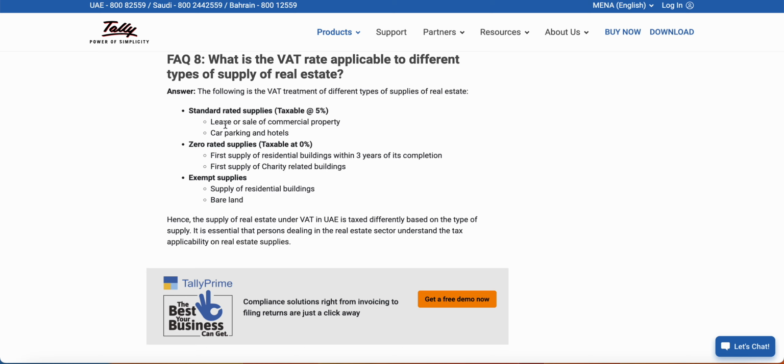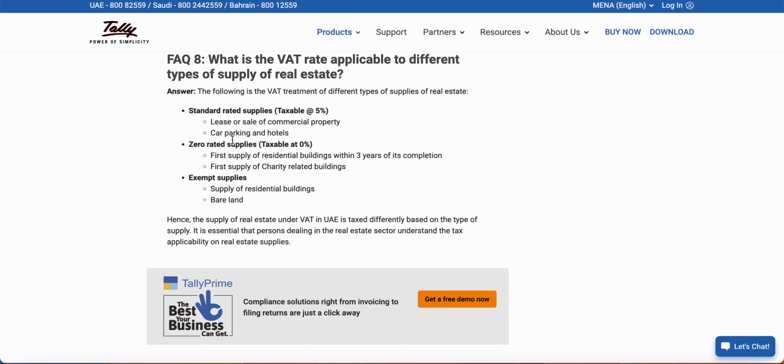If you lease out or sell your commercial property, then you have to charge VAT at the rate of 5%. Let me first complete these tax laws, then I'll answer whether a person selling commercial property or a person selling a residential building should be registered with VAT or not. So, lease or sale of commercial property, then car parking and hotels.